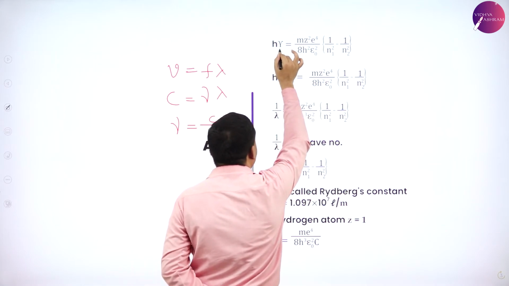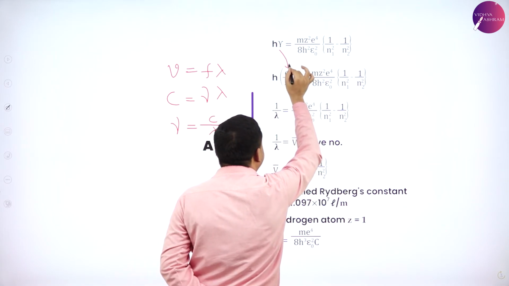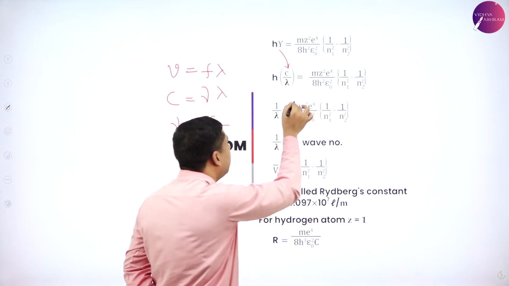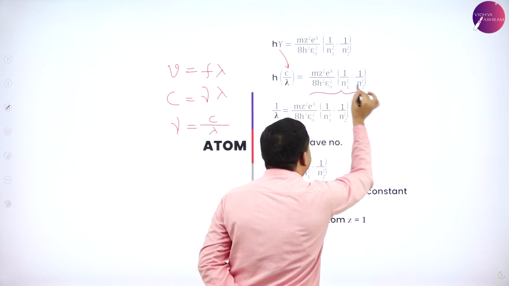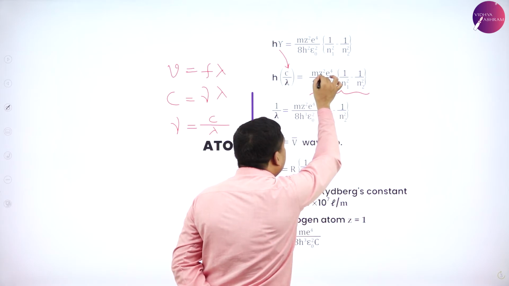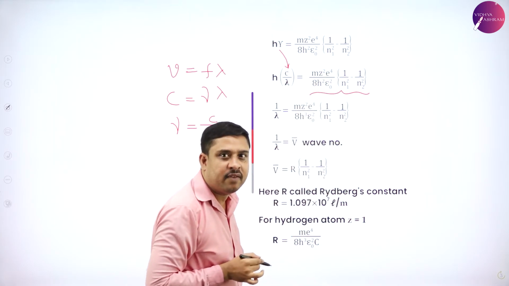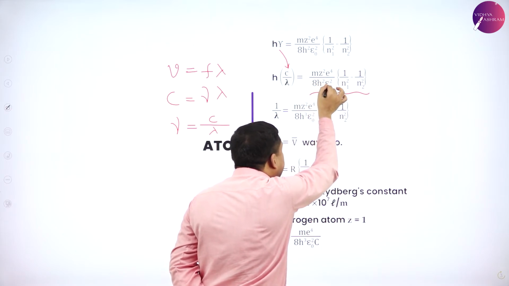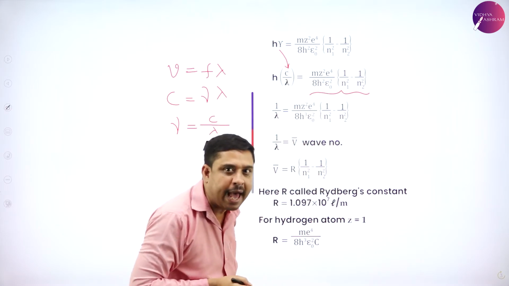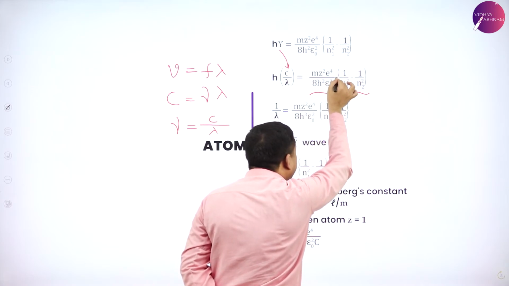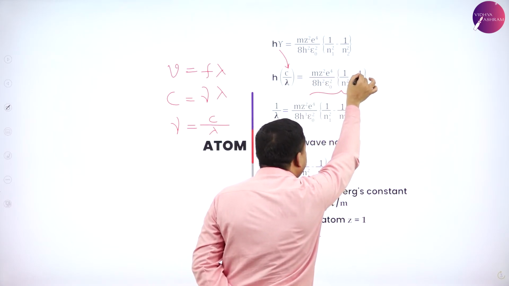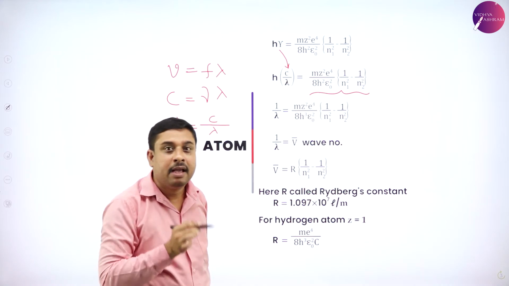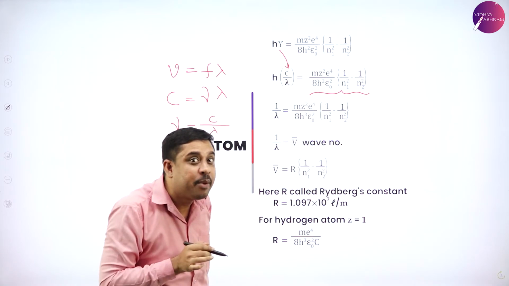So I am substituting nu as c divided by lambda, which is m Z square e to the power 4 divided by 8 h square epsilon naught square, times 1 by n1 square minus 1 by n2 square. Now, what should be on the left hand side?